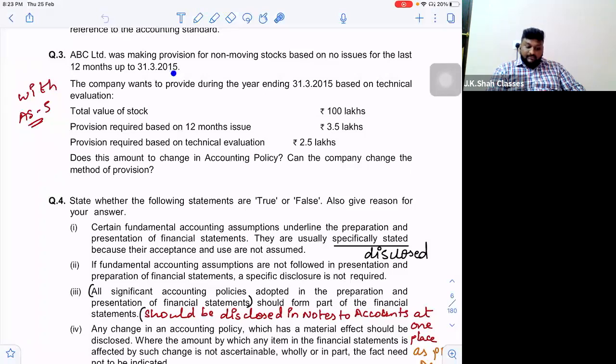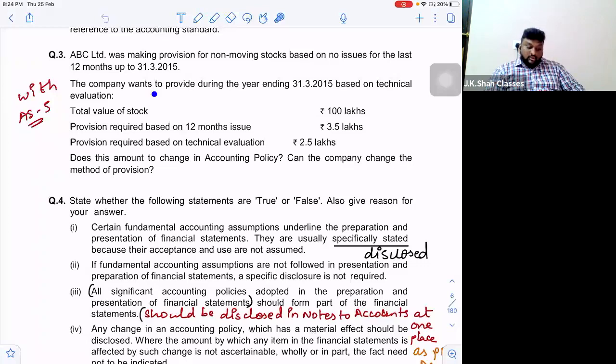So they were making provisions for non-moving stocks. There were some slow-moving stocks which were not sold, so obviously there will be diminution in their value. So they made a provision for decrease in the value of those stocks based on no issues. Based on no issues for the last 12 months means they checked which items were not issued in the last 12 months, and on the basis of the cost of those items, they created a provision.